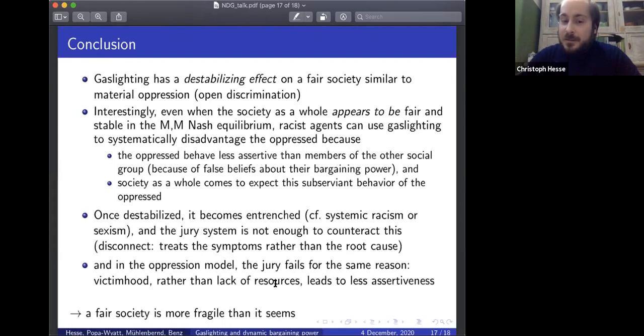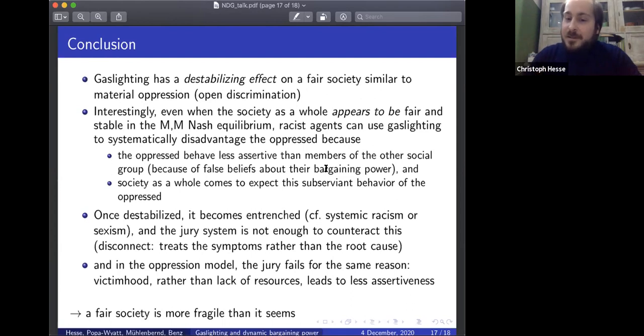Because once the red agents have become victims of racists, they get fearful that other blue agents they encounter might be racist. So they act less assertive, they make lower bids. The jury sees that they make lower bids, but doesn't understand why they made lower bids. So the jury gives the victims bargaining power to make them more assertive next time.